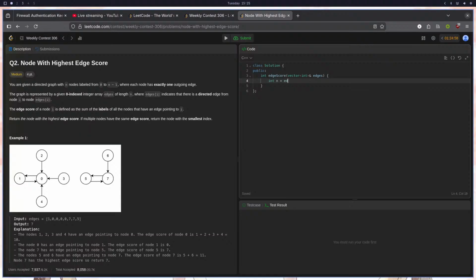Equal to, adjacency of pushback i, right.